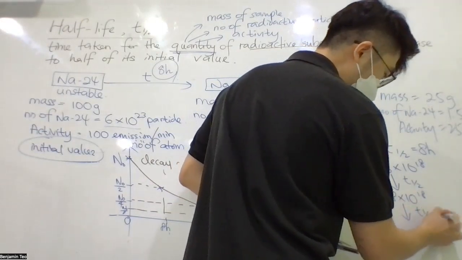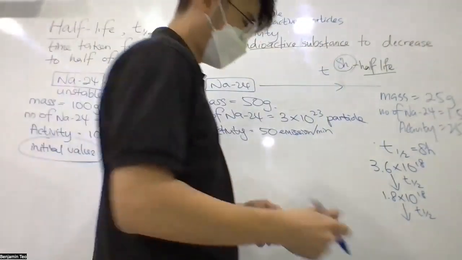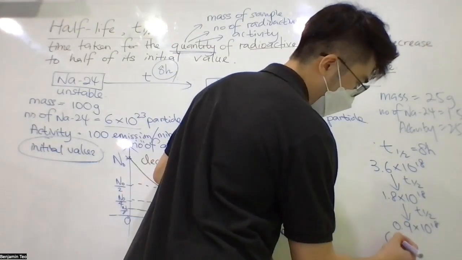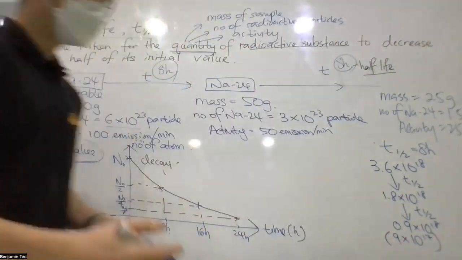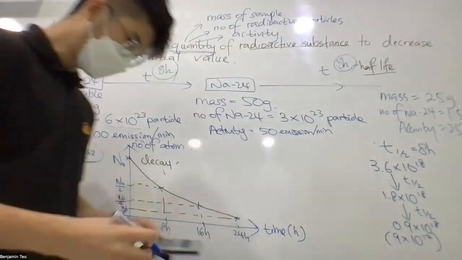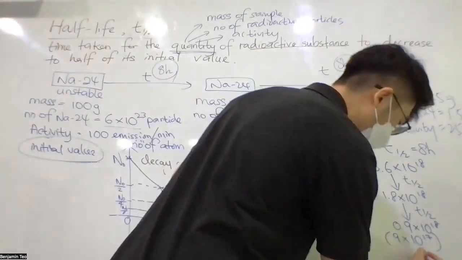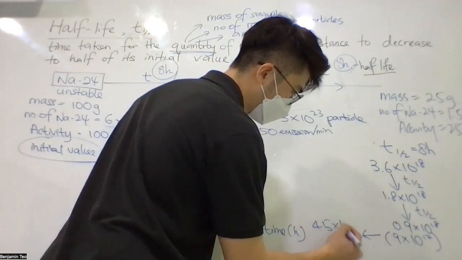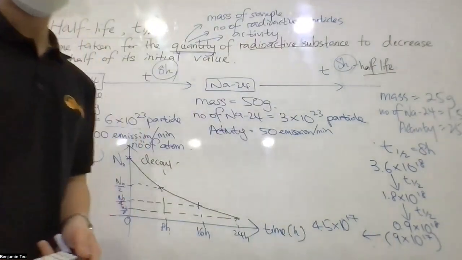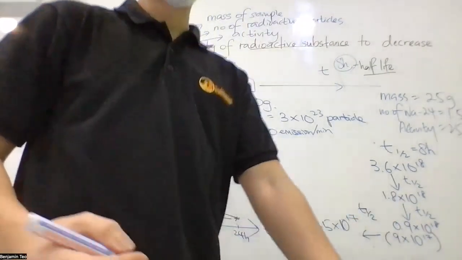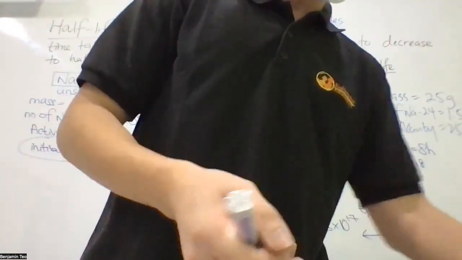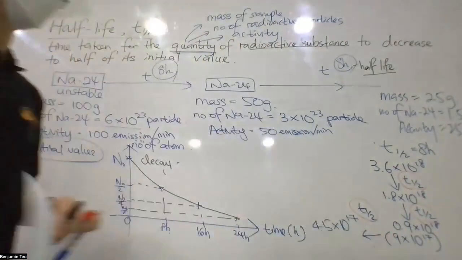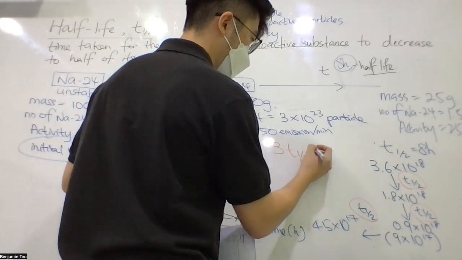You do another one, and you keep doing that until you get the value they want. Another half-life, 0.9 times 10 power 18, which I can also write as 9 times 10 power 17. And then again, 4.5 times 10 power 17. Another half-life. So when we reach 4.5, that is what they want, and we stop there. Then you count how many half-lives there are: 1, 2, 3 half-lives.